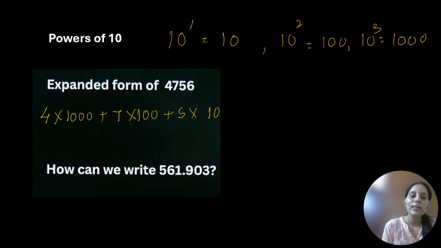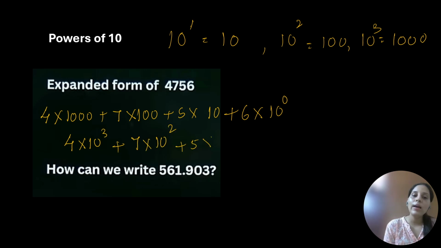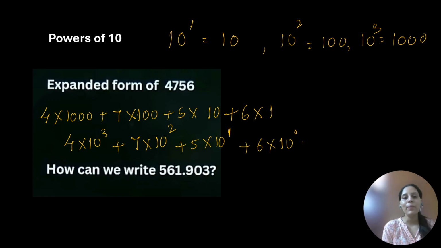And lastly 6 into ones place. In the ones place we can also write 10 power 0. Yes. So this is nothing but 4 into 10 power 3 plus 7 into 10 square, 5 into 10 power 1 and 6 into 10 power 0. So here, in place of 10 power 0, it's basically the ones place.